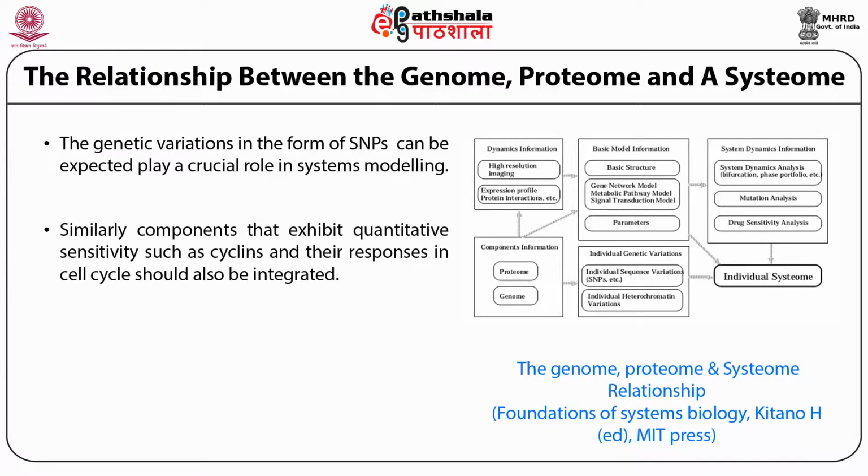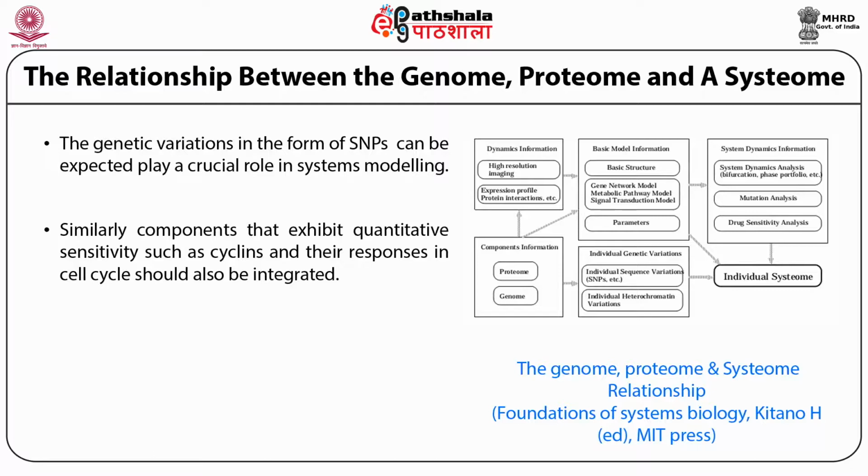The figure explains clearly the relationship between various other parameters that have been explained in the first 2 points in order to obtain an individual Systeome. For example, we need dynamics information by high resolution imaging, expression profiles, protein interaction profiles, etc. Similarly, genome, proteome data, so they are also component of information.